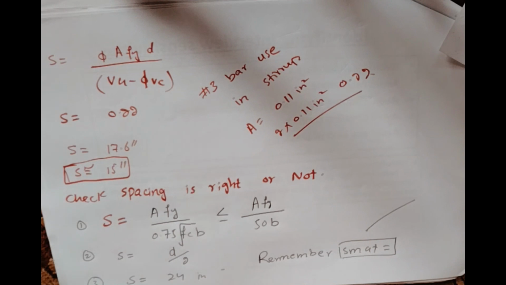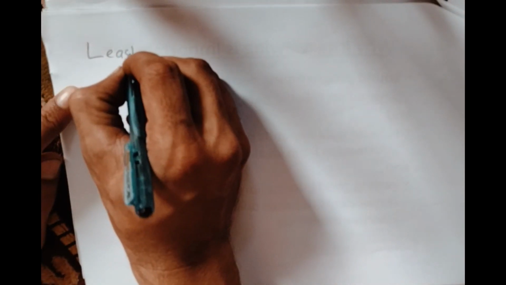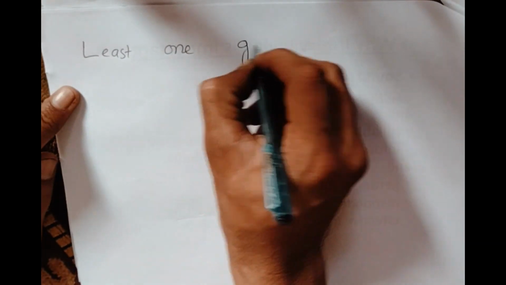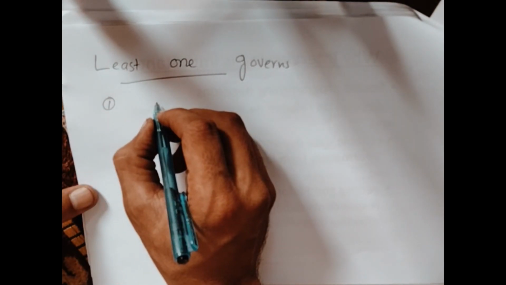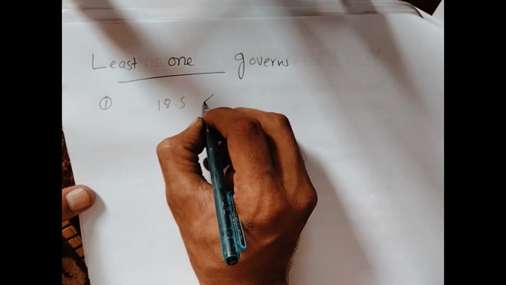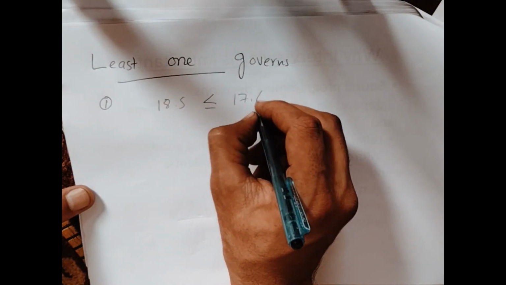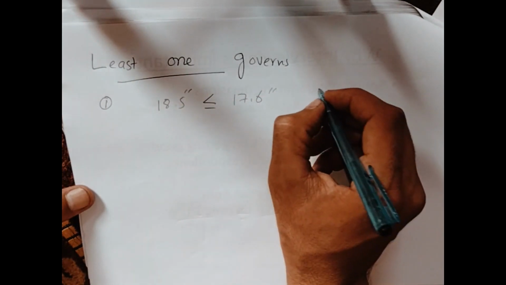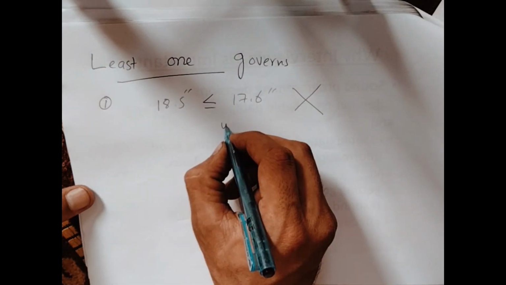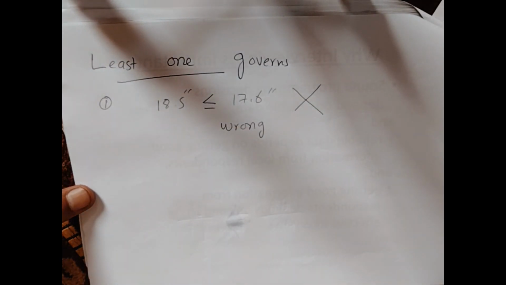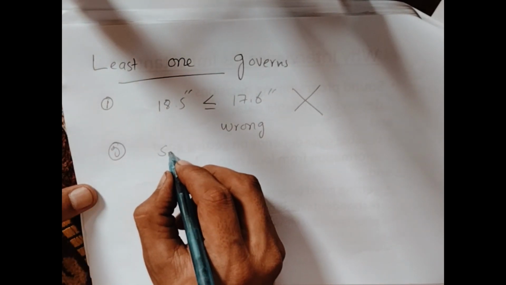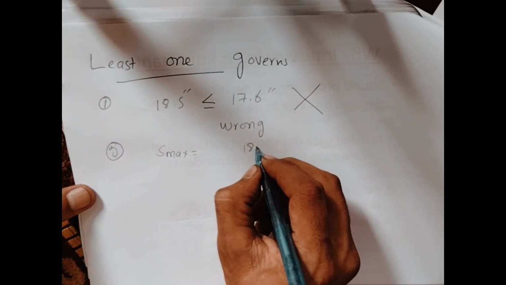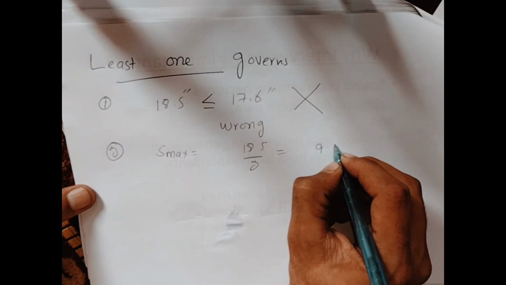Now we will use the three checks. The least one will govern, meaning the distance between two stirrups must be the minimum. From the first check, 18.5 inches is less than 17.6 inches, which is wrong. Now use the second check, S equal to d divided by 2. d is 18.5 divided by 2, which is equal to 9.25 inches.